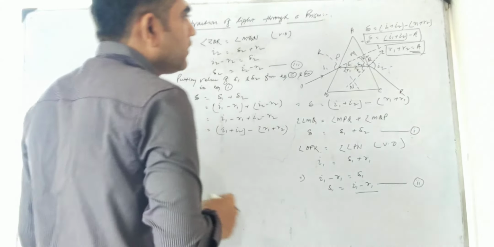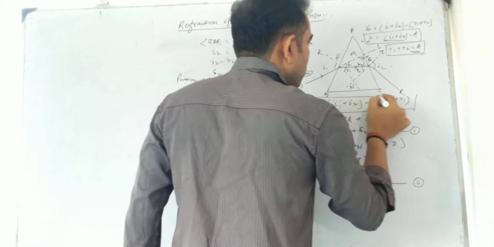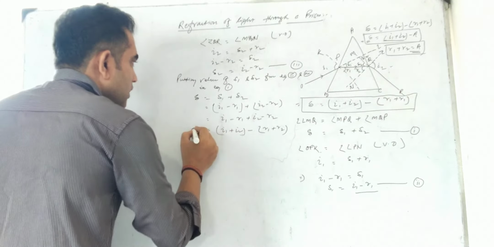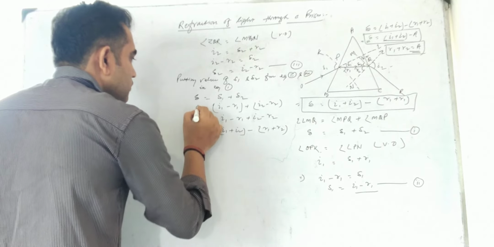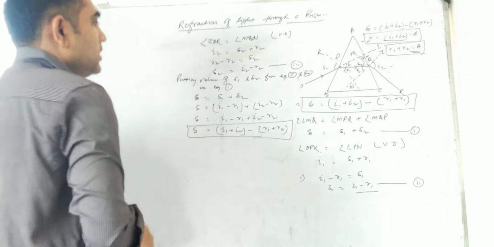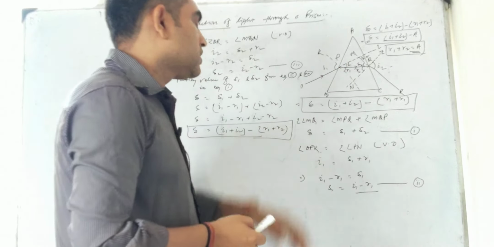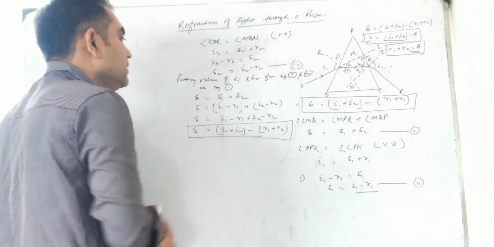So this is the first derivation that we needed to find. So it is proved: the angle of deviation equals the angle of incidence plus the angle of emergence minus the angle of refraction at the first surface and the angle of refraction at the second surface.